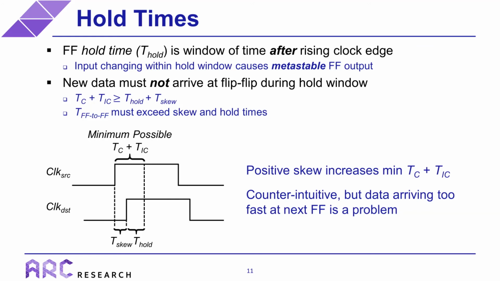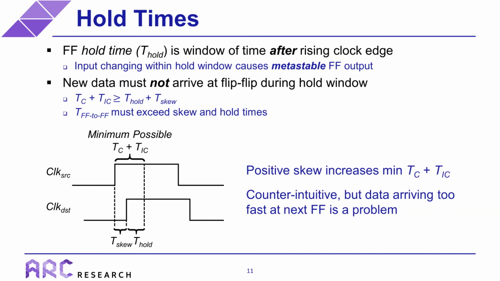So mathematically, this means that the sum of the cell and interconnect delays must exceed both the clock skew and the hold time, as shown in the figure at the bottom. Or in other words, the total delay between flip-flops must exceed the skew and hold times. So with regards to hold time, the implication of a positive hold is that it increases the minimum delay between the flip-flops.